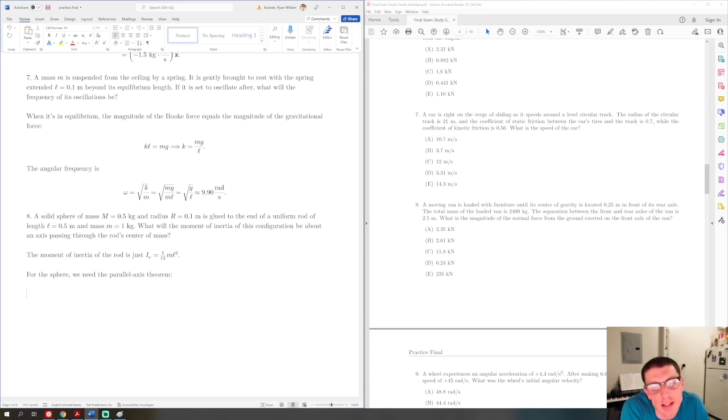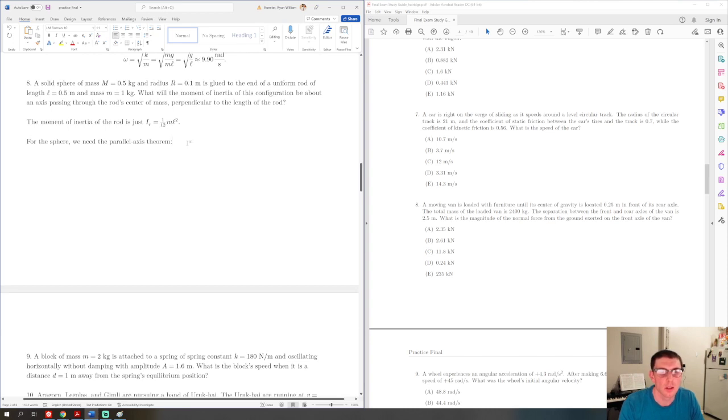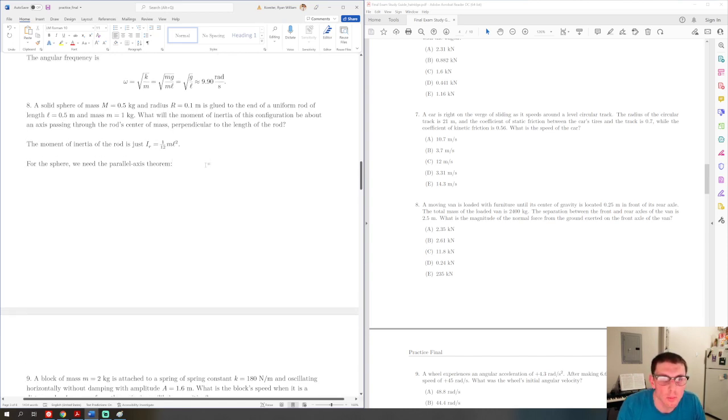Yeah, I guess technically they would have had to tell you that it's perpendicular to the length of the rod. That's a good point. But it doesn't matter which way it passes through, right? Let's just say perpendicular to the length of the rod. Writing questions is tough, guys. I am really learning that.